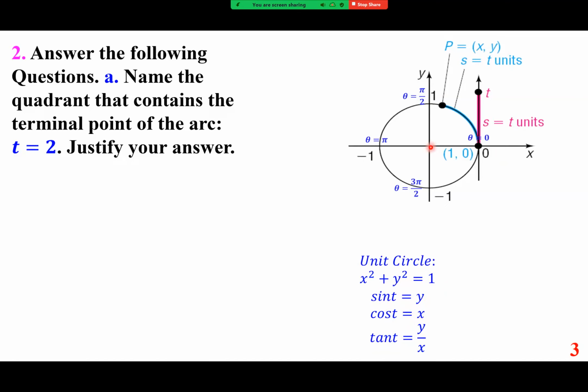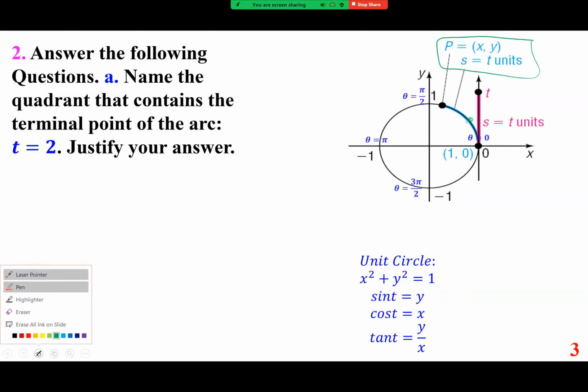So if you have any point x comma y, then x is the same as cosine t, y is the same as sine t. And since tangent is sine over cosine, we have y over x.